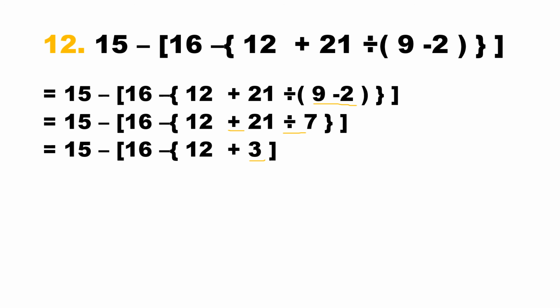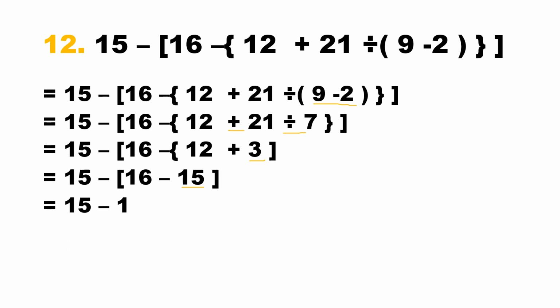A little tedious work, but we can improve our skill of carefully copying down and writing without making any mistakes here. Now what we have done, 12 plus 3 is 15. So I have written 15 here. Now 16 minus 15, we know it is 1. So it is very simple, 15 minus 1, and 15 minus 1 is 14.